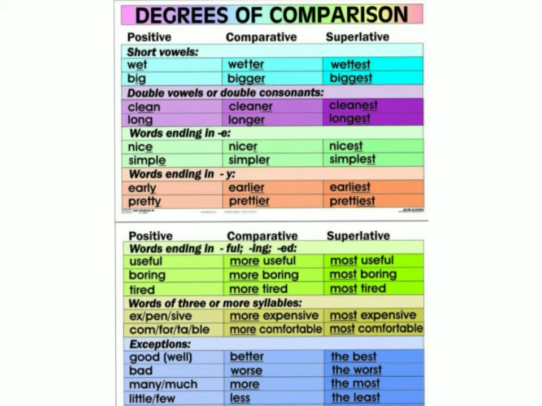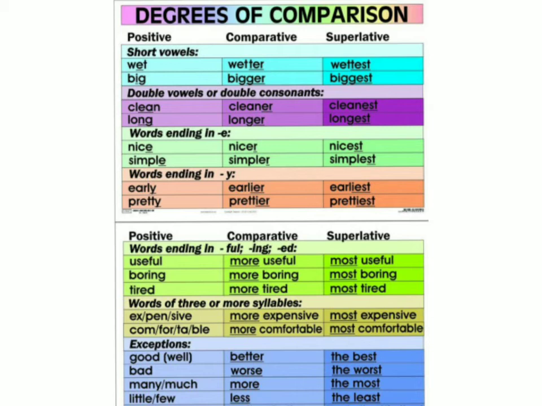Then the next condition is, children, that if the words have two syllables, we use more and most before those adjectives. Two syllables means, for example, useful: U-S-E, use, and F-U-L, full.